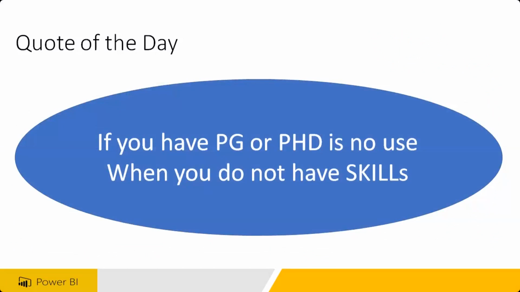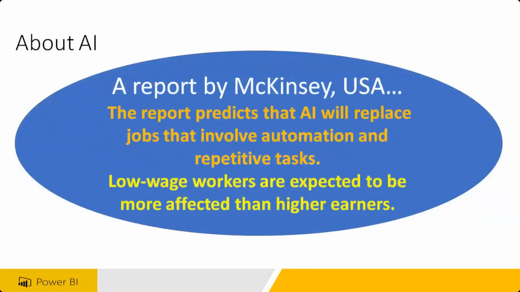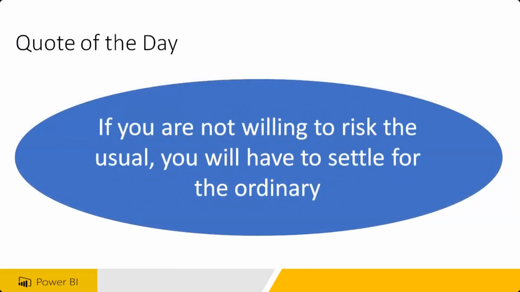So chota mota jobs, if you're earning 20, 30, 40,000 rupees per month, sales manager, marketing manager, a recruiter, all the jobs will get automated and you lose the jobs. Don't go into those kinds of jobs now, because a lot of companies are going to completely automate with the help of AI, right? So if you don't take the risk today, definitely you will be settling for an ordinary salary. That is for sure. Clear?